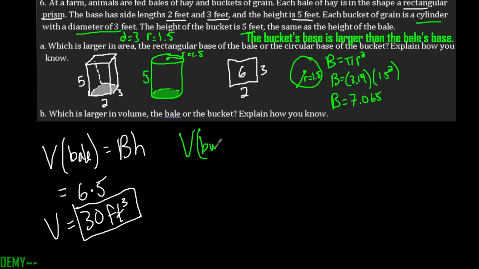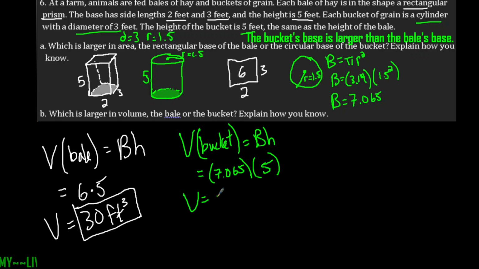And the volume of the bucket, there we go. I keep wanting to call them cylinders and rectangular prisms, but it's still the same formula. We're going to say area of the base times the height. So that's equal to 7.065 times 5, because it's times the height, so our volume is going to be equal to 35.325.